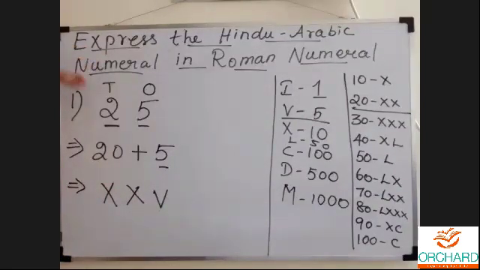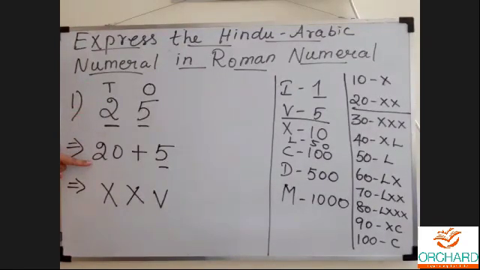Here, the question is given in the form of a Hindu-Arabic numeral. We have to express this in Roman numeral. How can we express this? First, write the place value for the given number. 5 is in the place of 1, 2 in the place of 10. What we have to do?